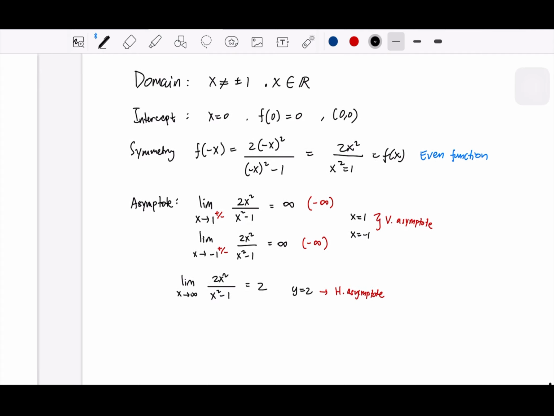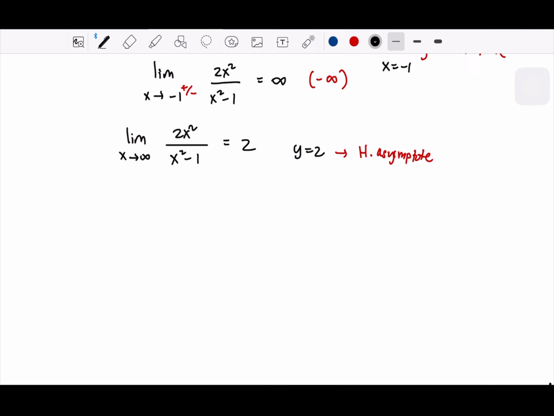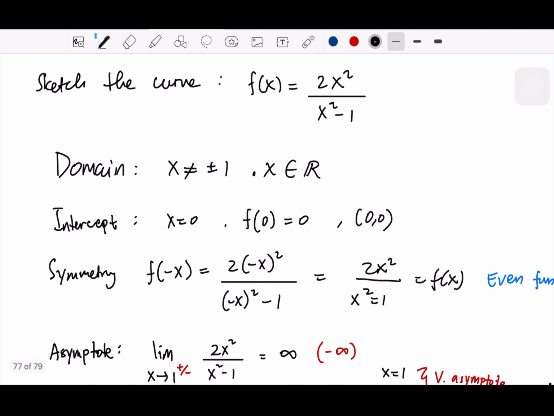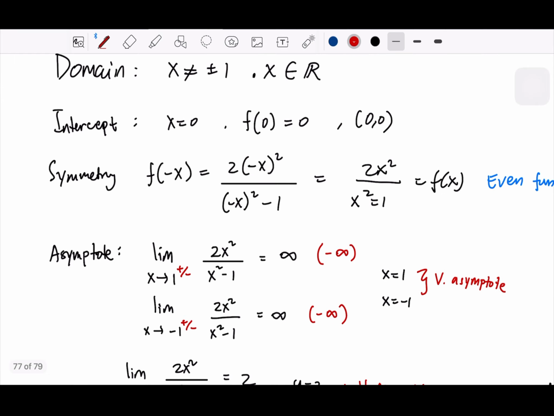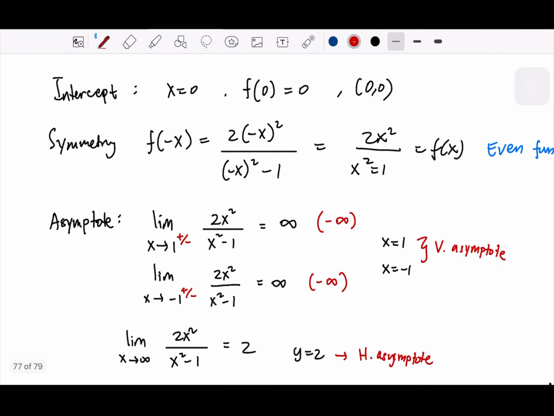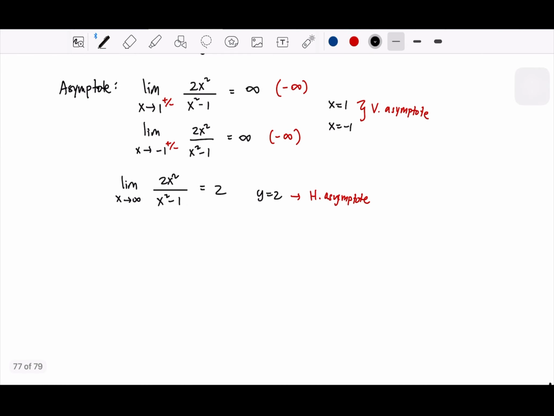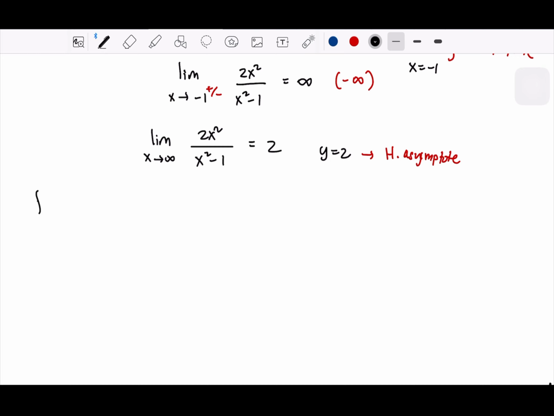Okay, continuing this part, we have these functions. The next part, after we get the domain, intercept, symmetry, and asymptote, is to check. Let me write the function again.